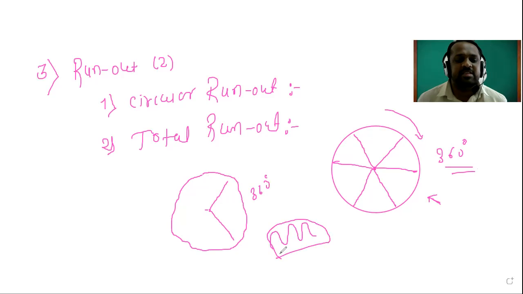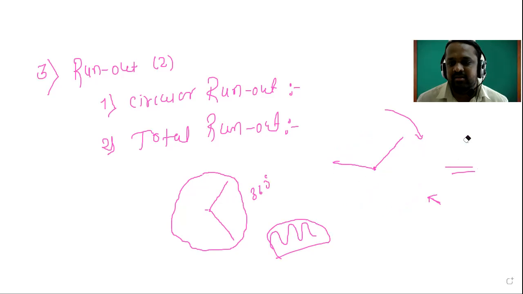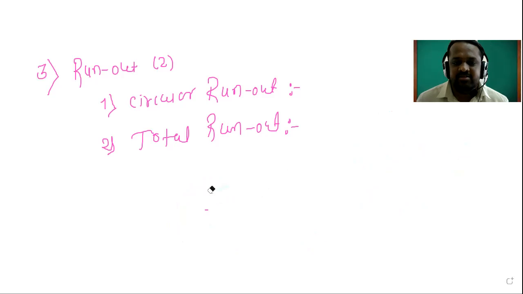Then what is meant by circular runout and total runout? Again, it is very simple. Circular runout: for example, suppose we have one shaft.